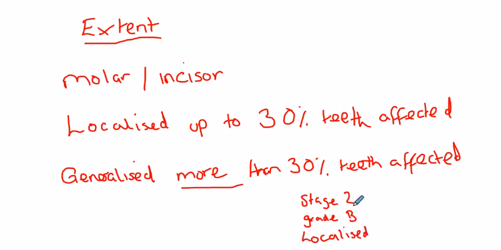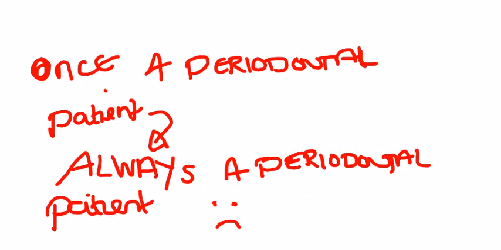So we're building up a picture: the stage, the grade, the extent. Now we need to move on to this part, which is about once a periodontal patient, always a periodontal patient. Depending on where you pick them up will depend on how you've graded them so far.